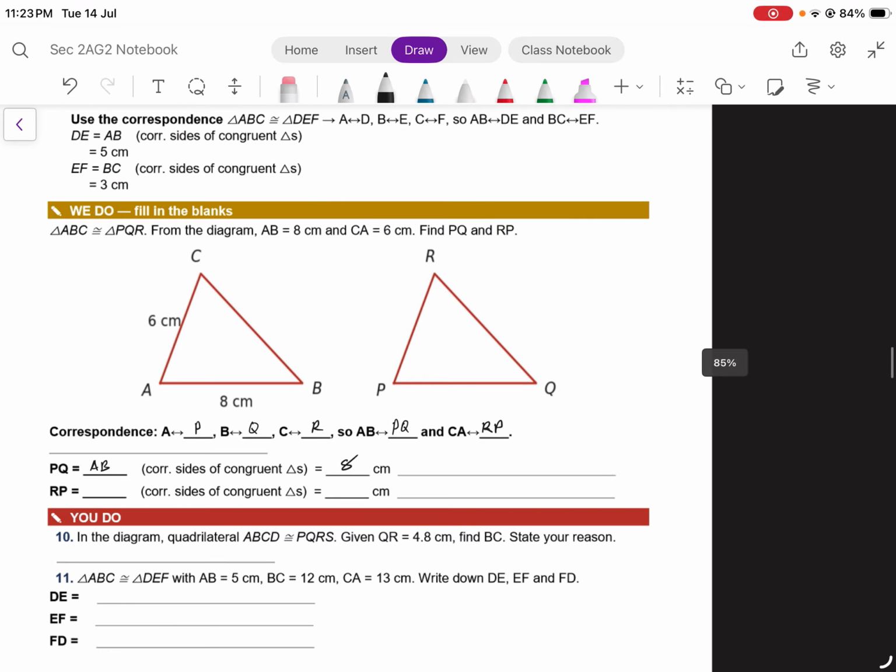So we follow the reasoning: corresponding sides of congruent angles, right? Okay, then RP will be CA, which is 6 cm. Again, corresponding sides of congruent angles.